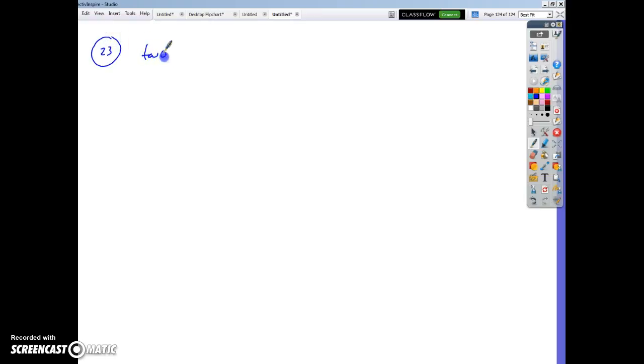Number 23: tangent of theta equals negative 2, between pi over 2 and pi. I want to find sine 2 theta, so that's 2 sine theta cosine theta. Unfortunately, I don't know sine and I don't know cosine, so I'm going to have to draw a triangle.